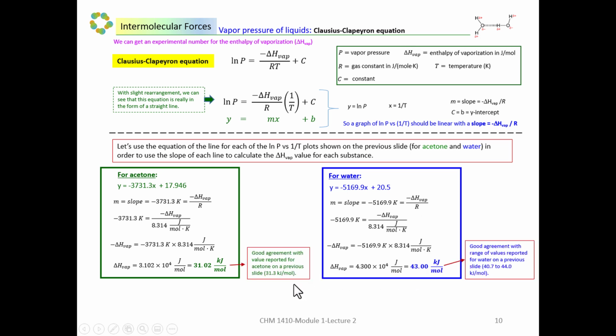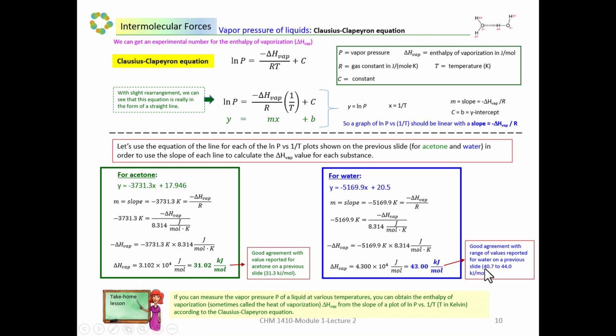Turns out that each of these values are in good agreement with values reported previously. So we saw a value reported previously for acetone of 31.3 kilojoules per mole, which compares well, and water had a range of values listed before from 40.7 to 44, and our number from our plot is in good agreement with that.